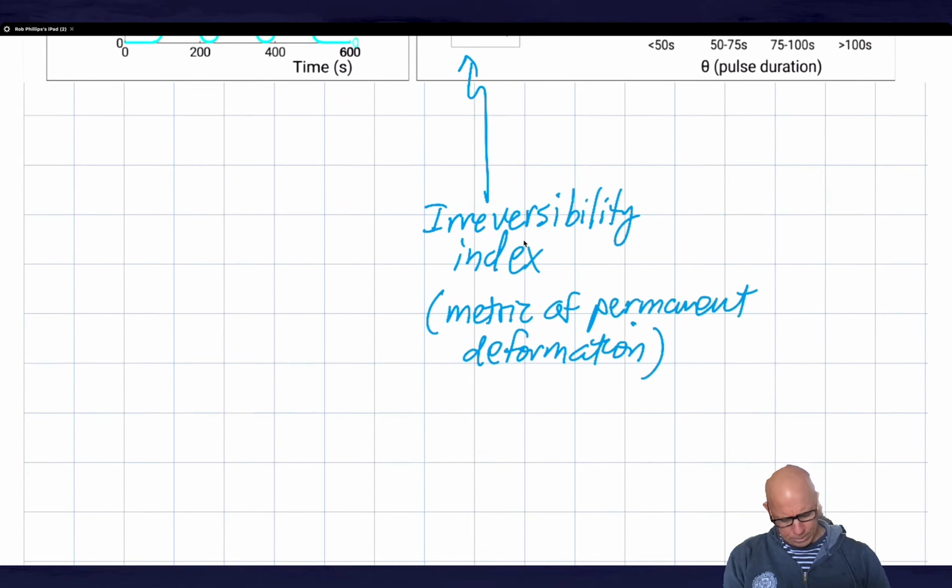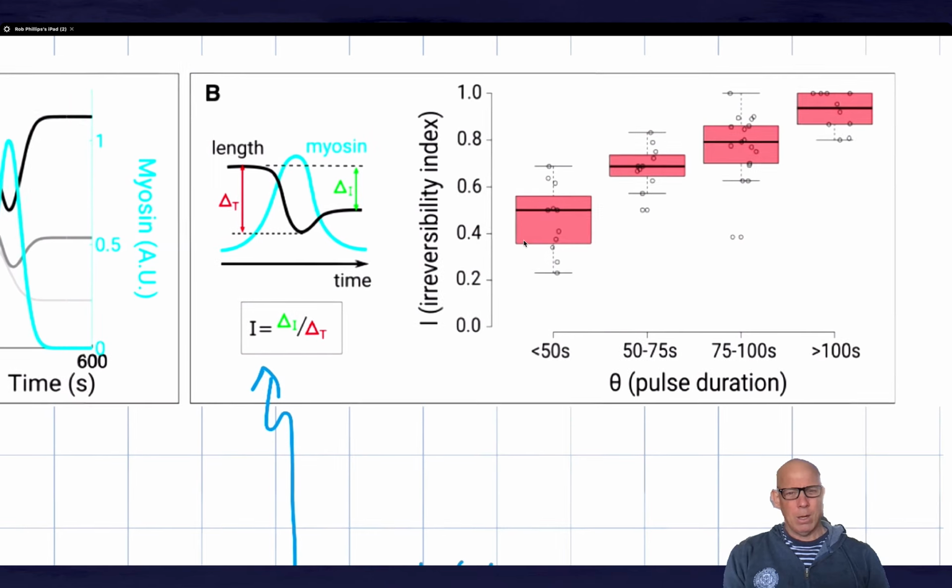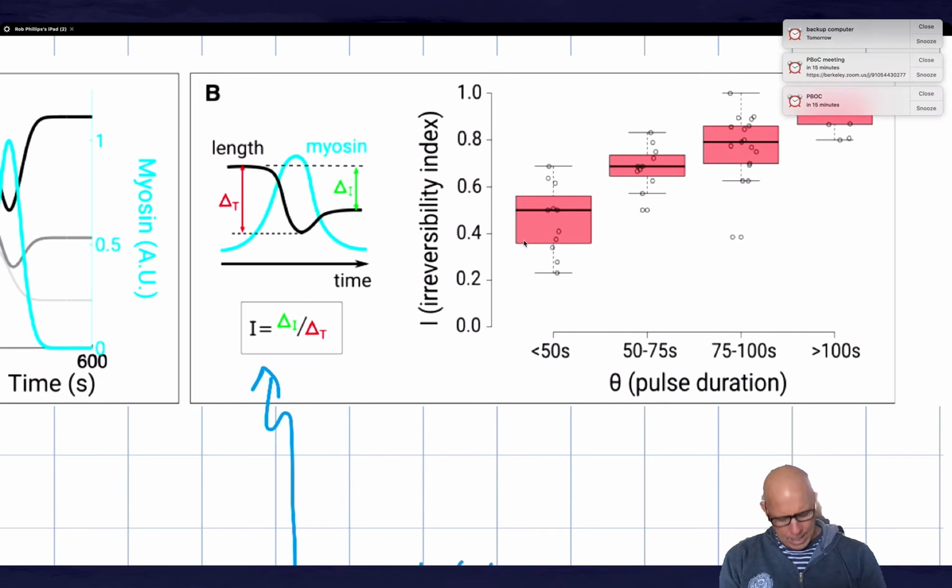The one other thing I wanted to call to your attention, which I thought was fun, was that they defined an irreversibility index. Large delta L is the total length change during one cycle, and delta I is sort of the permanent leftover or irreversible deformation.